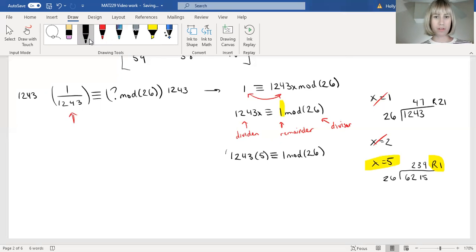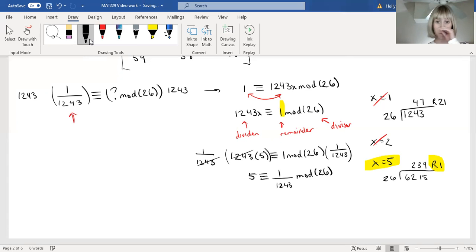Remember, we can do this with our scalar multiple. You can do a scalar multiple of a fraction. So 1 over 1243, multiply both sides by 1 over 1243. These cancel, and we get 5 equals 1 over 1243 mod 26.